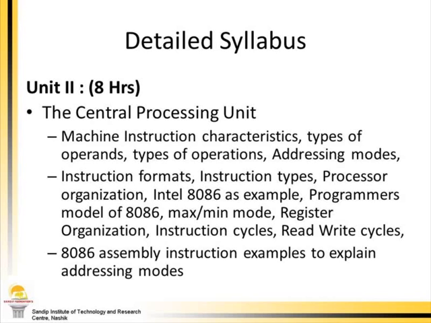Therefore, this particular microprocessor is in the syllabus of second year Information Technology. Now, it contains programmer's model, its architecture, minimum and maximum mode, register organization, instruction cycles, read and write cycles. Including this, it also contains assembly language instruction examples for the same microprocessor in unit 2.